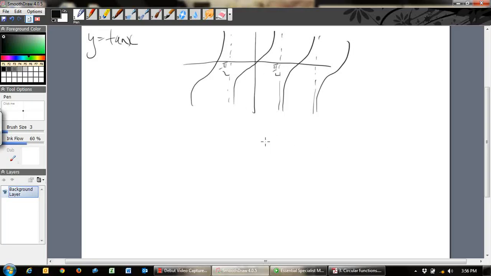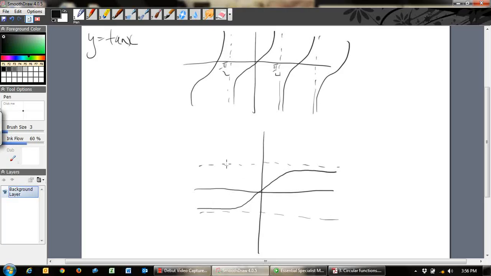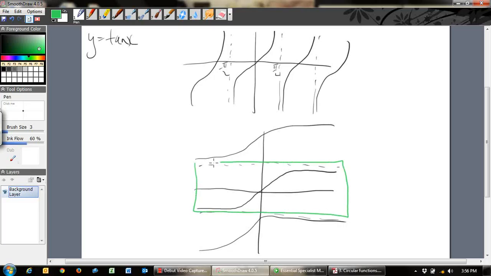If we flip this on its side again, we get one going through the middle, and the asymptotes have changed ways, and then we get lines like this as well. Again, this is not a one-to-one function, so not a function. What do we need to do to make it a function? Well, all we do is restrict it to these values here.